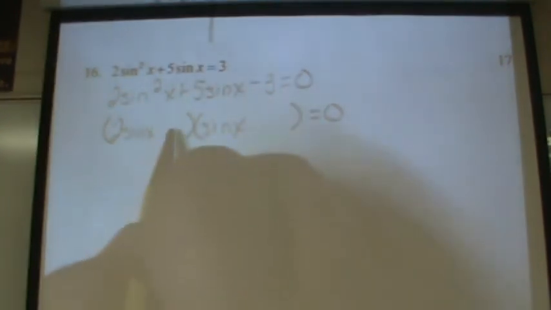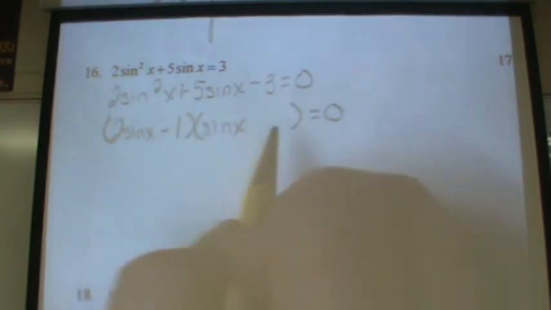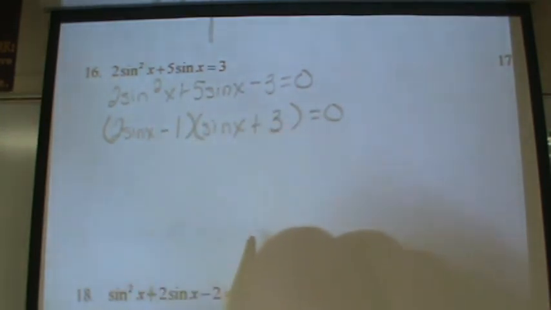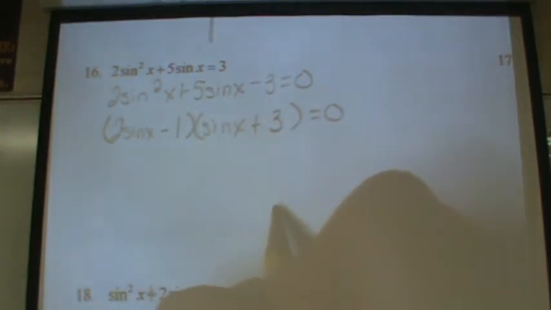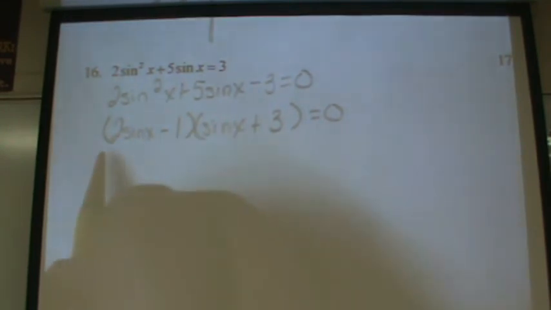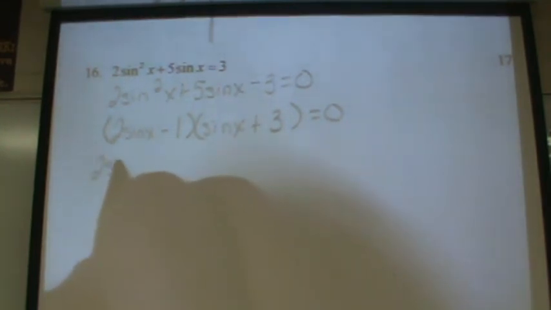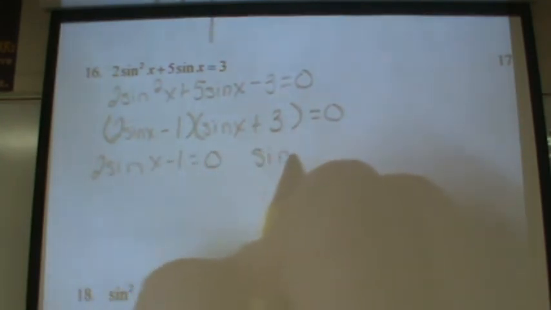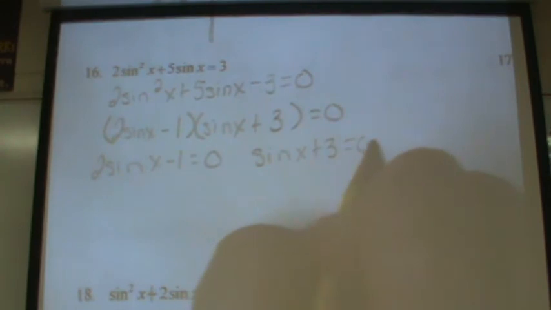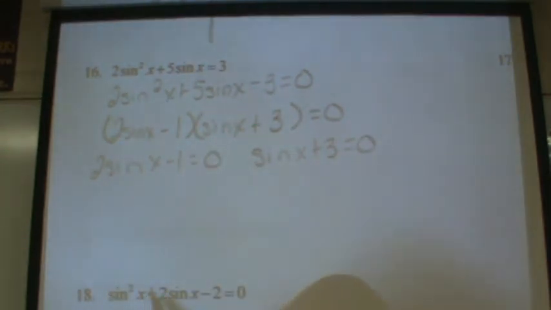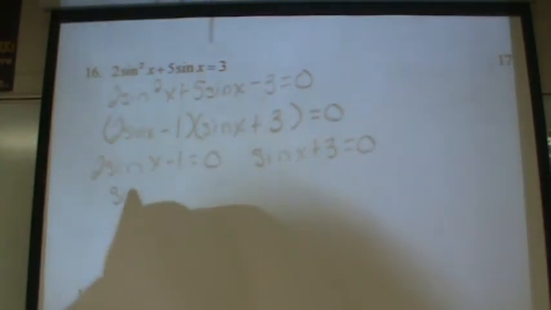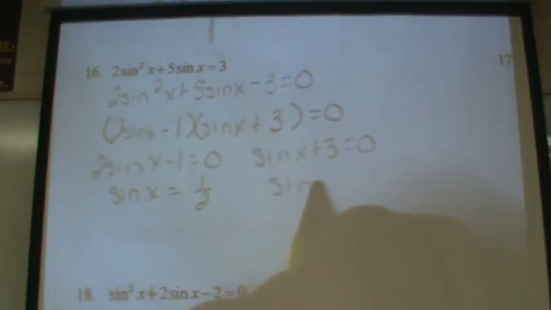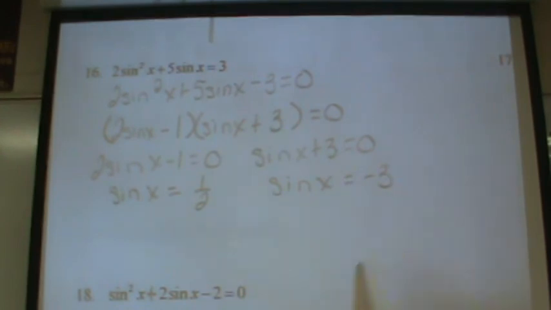And we're going to have minus 1 plus 3. Set each one equal to 0, so we have 2 sine x minus 1 equals 0. Sine x plus 3 equals 0. Solving for sine, you get sine x equals 1/2. Sine x equals negative 3.